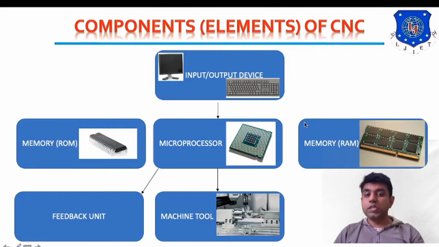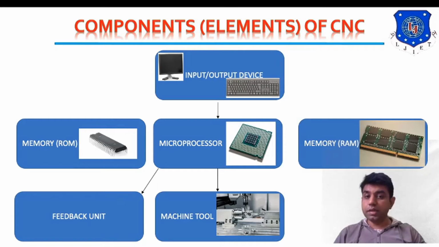But in all of the CNC machines we have a feedback unit. I hope the concept of feedback is clear. The feedback unit is attached to the different kinds of drives, because the ultimate aim of the CNC machine is to operate the drives, whether it is the spindle speed drive, feed drive, or depth of cut drive, right?